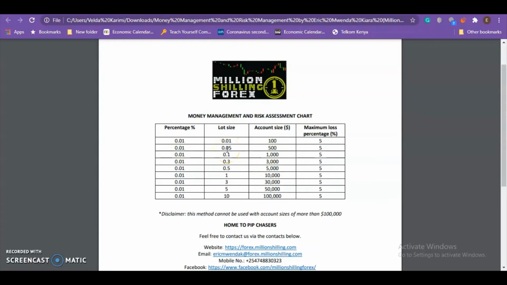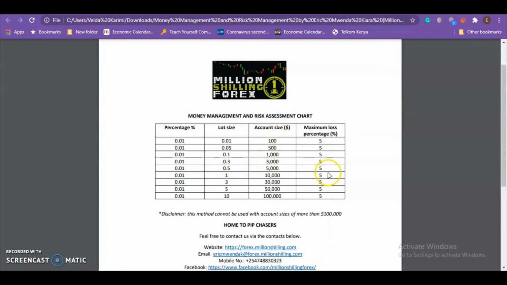For $500 you can use a lot size of 0.05. So for this one you can split your trade into 0.01 or 0.02, and place your first trade at 0.02, and then if the market goes in your direction you add another 0.02. If it continues to go in your direction you add another one of 0.01 instead of 0.05. For 1,000, 0.1, which can be split into 0.05 twice.